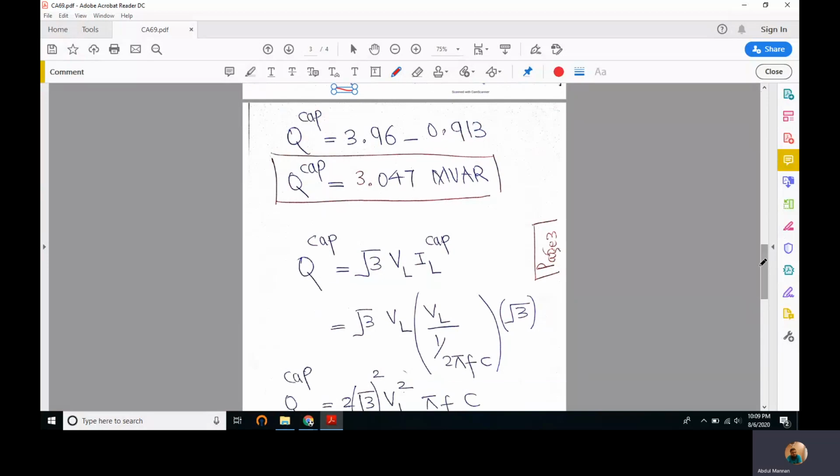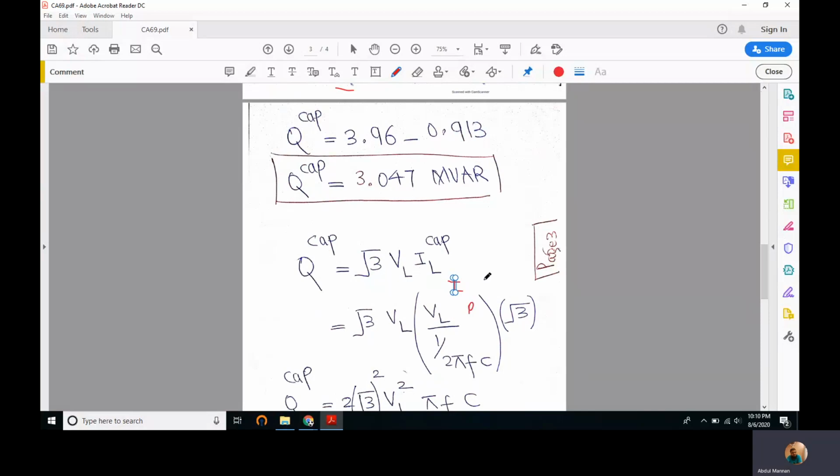We know that Q capacitor, the reactive power, can be written as square root of 3 times VL times IL, where IL is the current flowing through the capacitor, and we know that this ratio, VL over the capacitive reactance, is I phase.